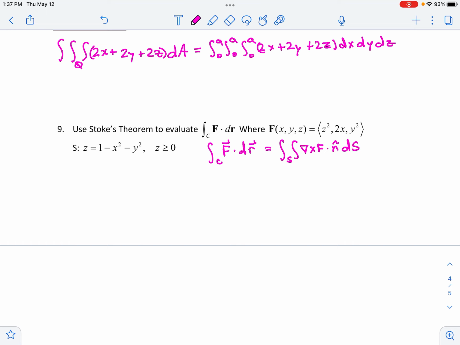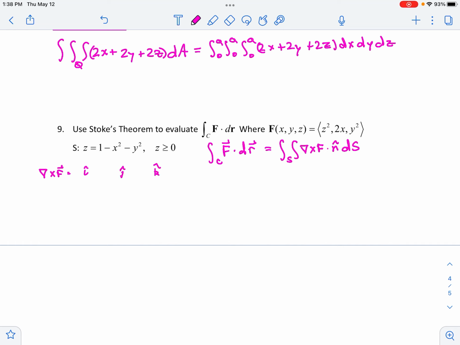So in other words, we're able to rewrite this as a surface integral. So it's just like solving a surface integral problem, except instead of F dot n dS, we have the curl of F dot n dS. So I need to find the curl. So here I go. The curl is going to be like finding the determinant or the cross product.